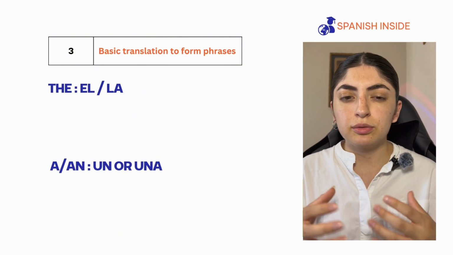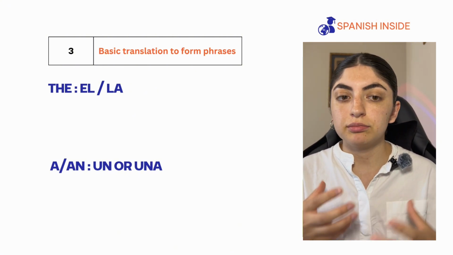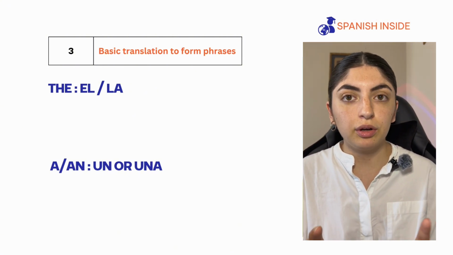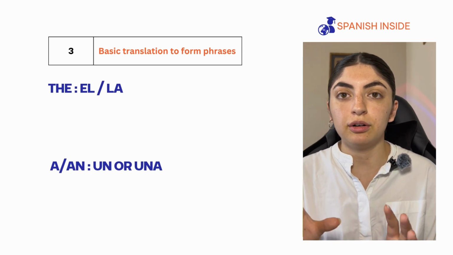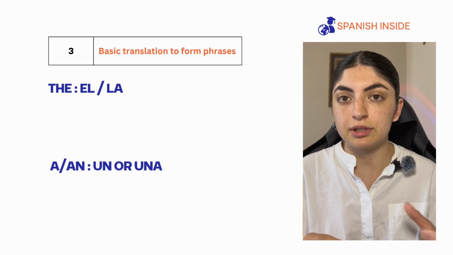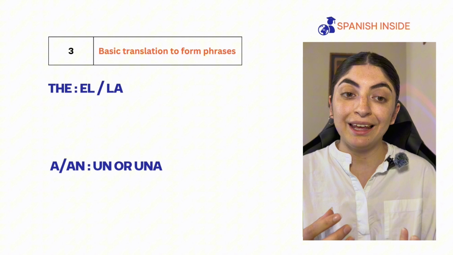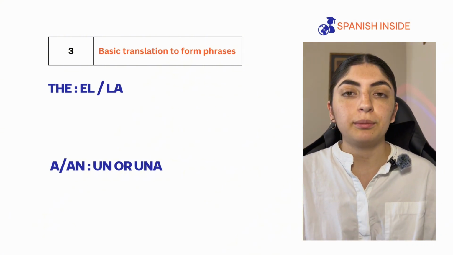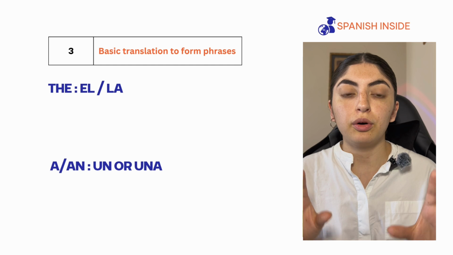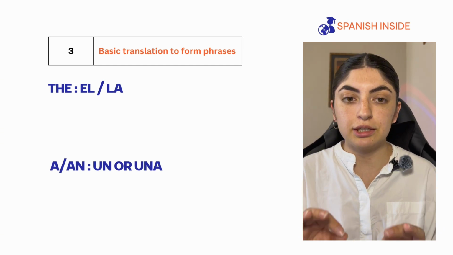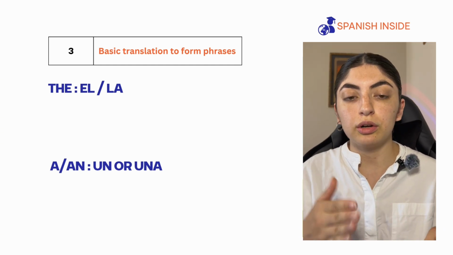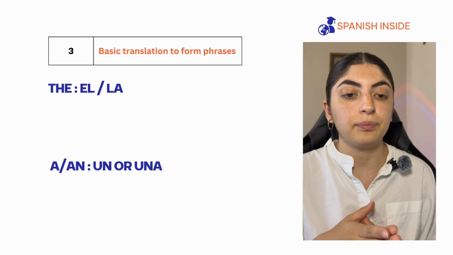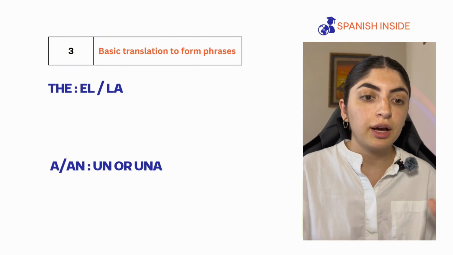I'm not taking too much time on this, but you can by now know that if it's a girl, you would use la, and if it's a boy, you will use el, but it's not just as simple as that. We are just going to see simple things in this video. So we are going to move forward.